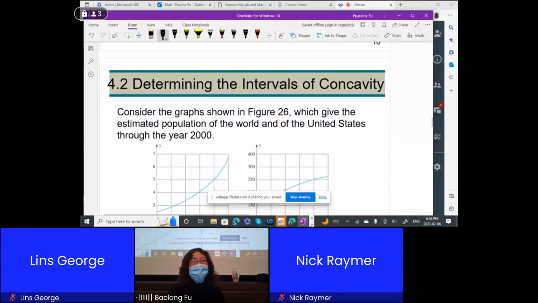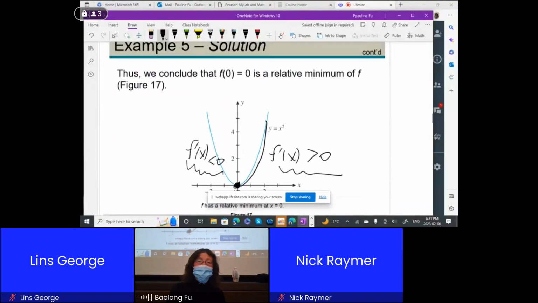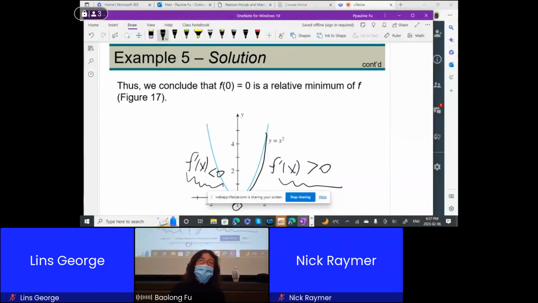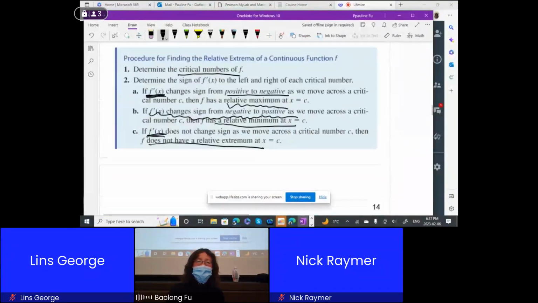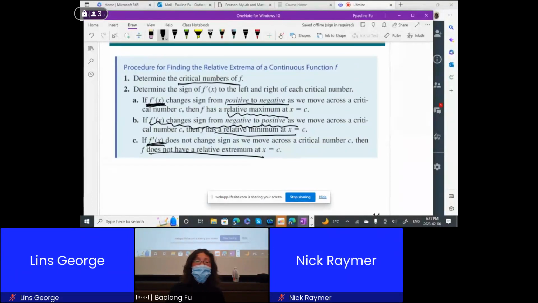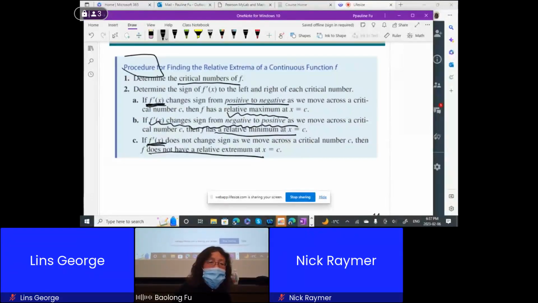So we finished session 1 of chapter 4, applications of derivative. The important concept is relative minimum and relative maximum. How do I find them? Follow this procedure.